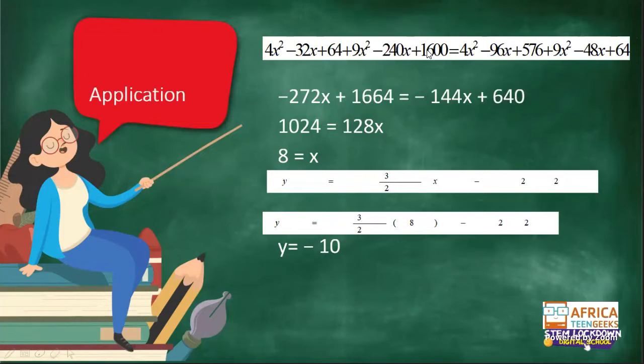And here you're going to also have, when you take the 64 on the left hand side, it's plus 1,600.